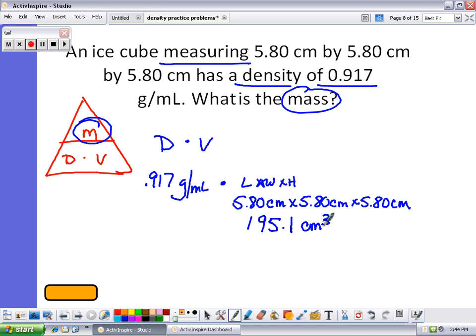So then we just multiply our 0.917 by 195, and that gives you the answer of 178.9 grams.